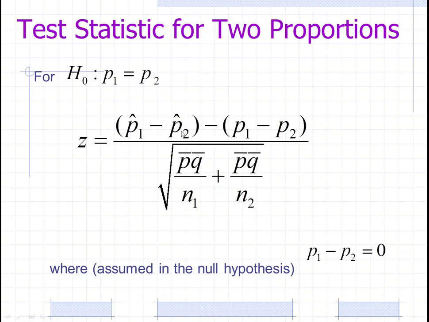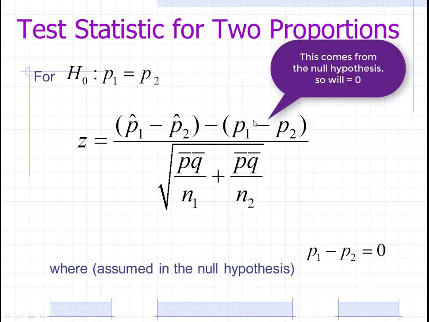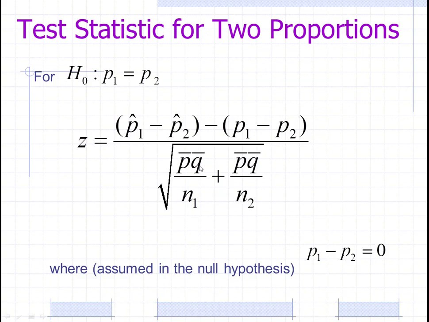But here is what happens. We find the difference between our p-hats, our sample proportions, and we take away the assumed differences in our two population proportions. Then that standard deviation that's underneath is the square root of our pooled proportion times 1 minus that pooled proportion over n1 plus the pooled proportion times 1 minus the pooled proportion over n2.